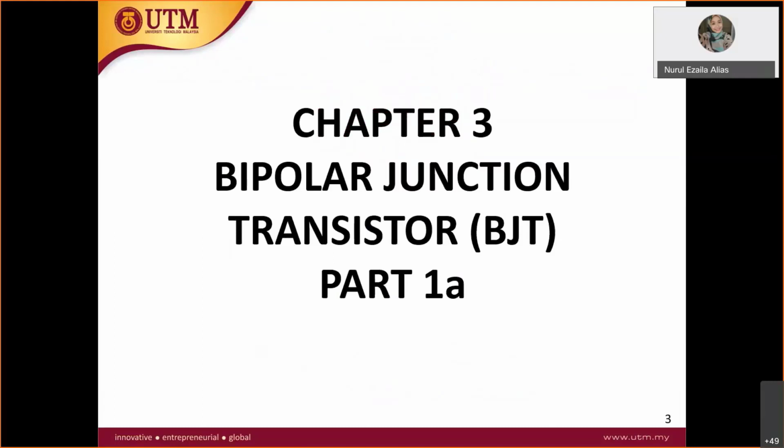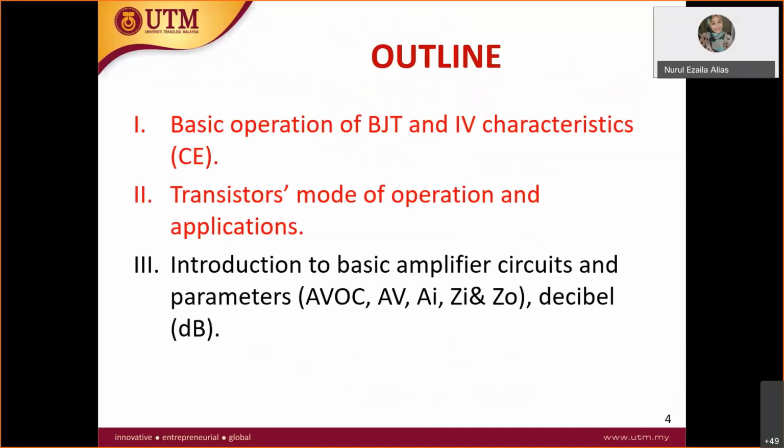So what will be covered in part 1 of BJT is the basic operation of BJT, the IV characteristic, which I think is the same as for the diode. You know the IV characteristic, and also the transistor's mode of operation and application.